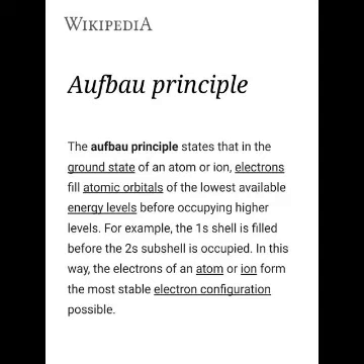If there are two orbitals with the same value of n plus l, the one with the smaller n has the lower energy. For example, 2s and 2p. The 2s orbital has n equal to 2 and l equal to 0, so n plus l equals 2.